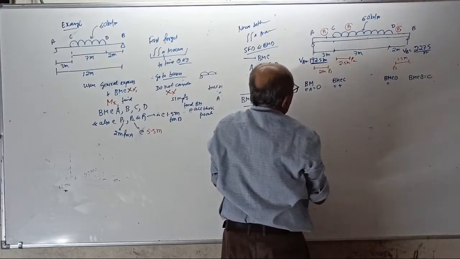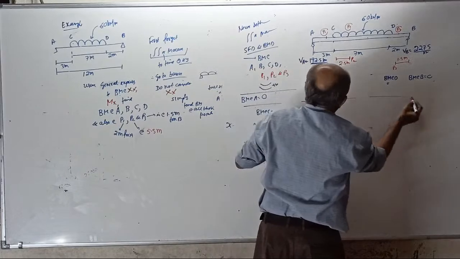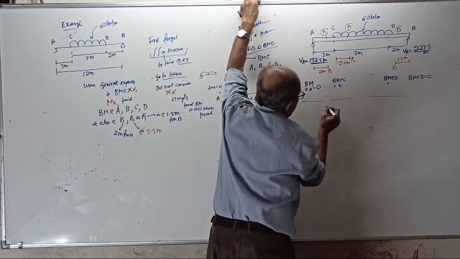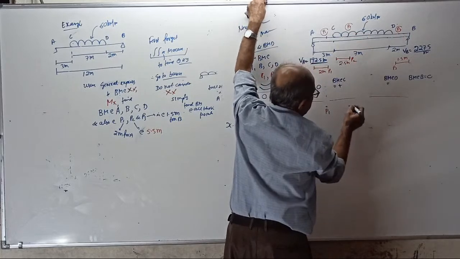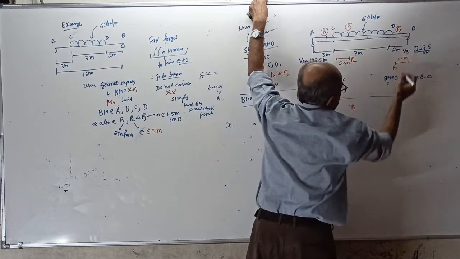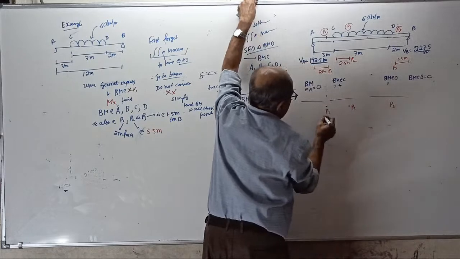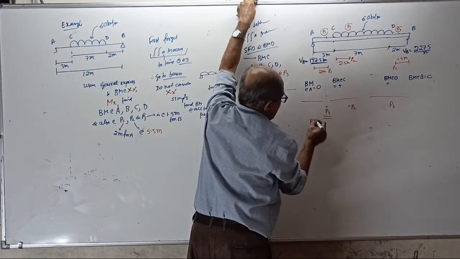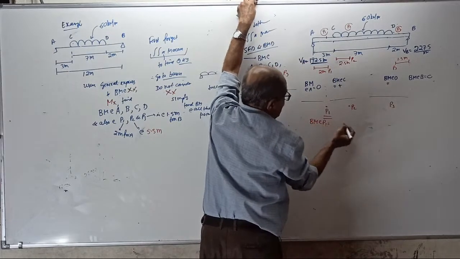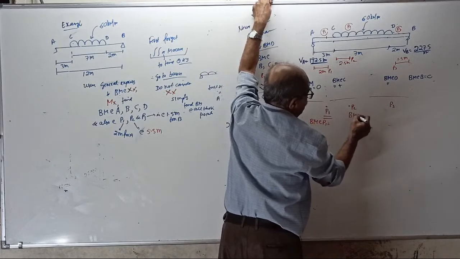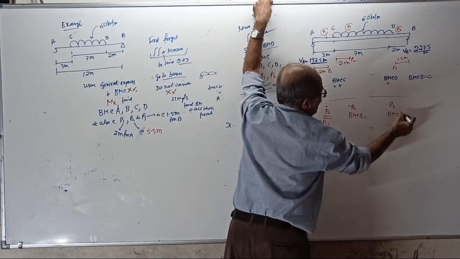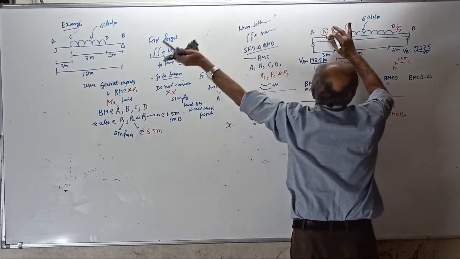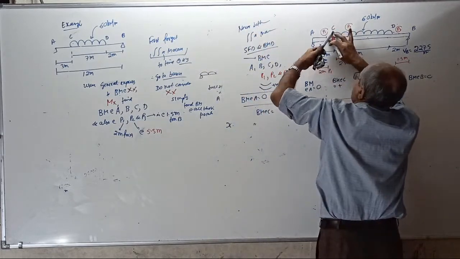After this, between these two, point P1 is here. Between these two, point P2 is here. Between these two, point P3 is here. Now calculate the BM at P1, the BM at P2, the BM at P3. BM at P1, look this side, 192.5 into 2.